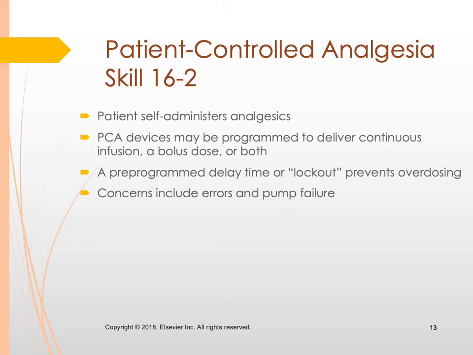Patients can receive a small continuous dose. They can receive a bolus dose, which they are usually the ones who administer. That's sort of like a PRN dose. So when they start to feel pain, you would instruct them to push the button. Or there can be both, so patients can receive both a continuous dose and a bolus dose.